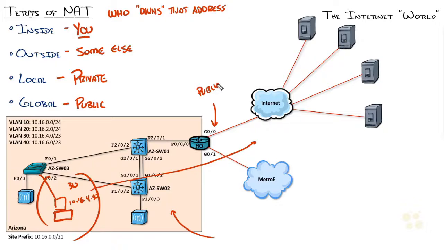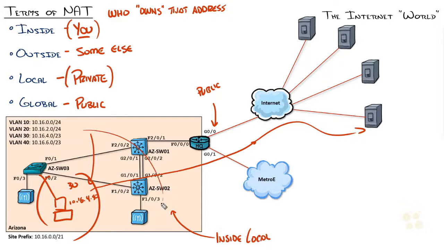So before we go any further, we are encountering probably 3 of the 4 terms right there. An address on the inside of your network, that you own and it's private, is known as an inside local address.